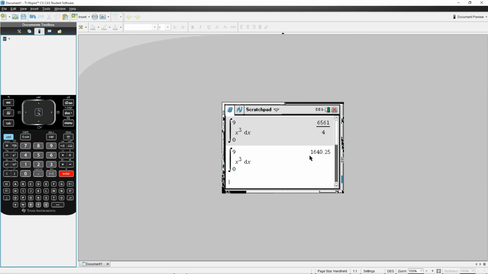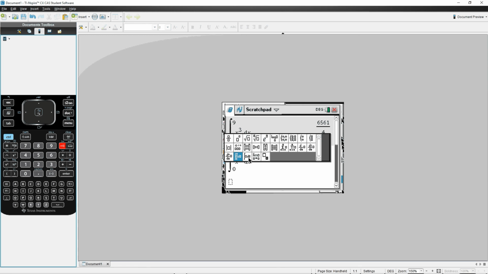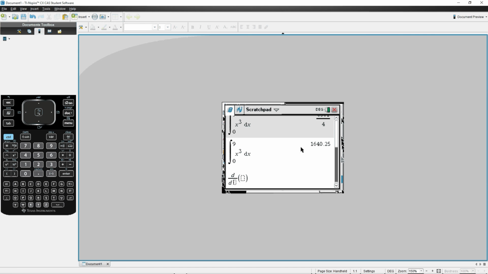And finding a derivative at a certain point is less obvious, but if we wanted to find the derivative of x cubed at x equals 5, one way to do that would be to take the derivative and then plug in 5 into the derivative, which would give us 3 times 5 squared equals 75. But a better way to do this is to actually use that vertical bar.